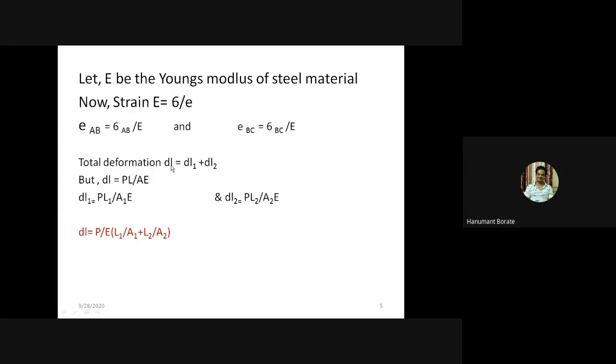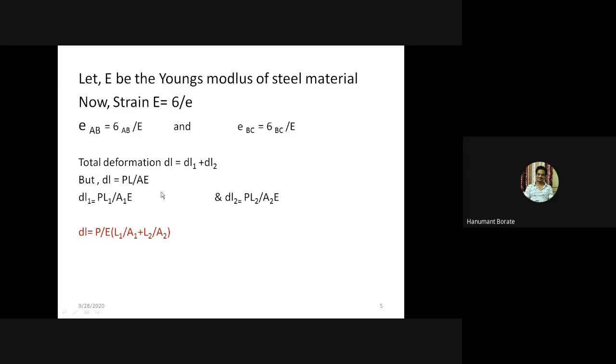Total deformation delta L equal to delta L1, the deformation of the first member, plus delta L2, the deformation of the second member. But we know the formula for deformation. Already we have seen the formula for deformation, that is delta L equal to PL by AE, right?